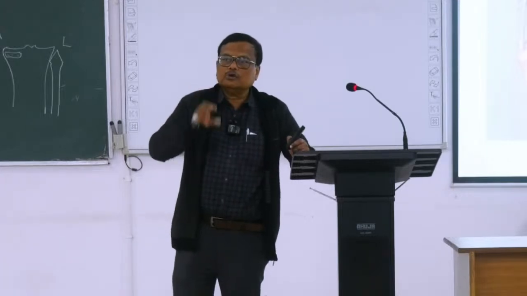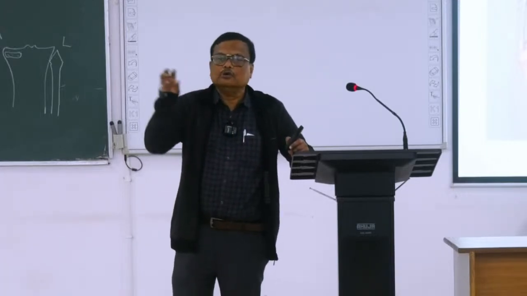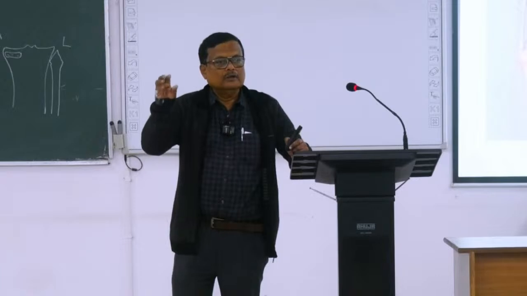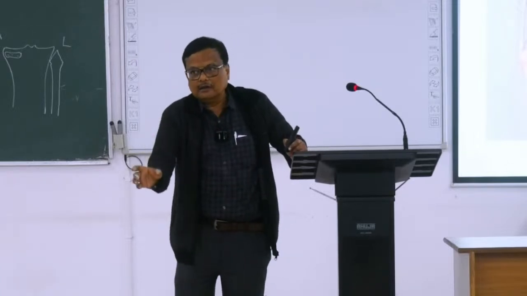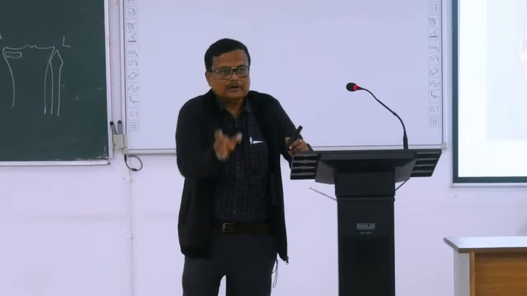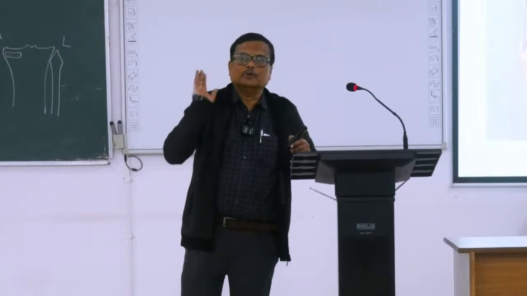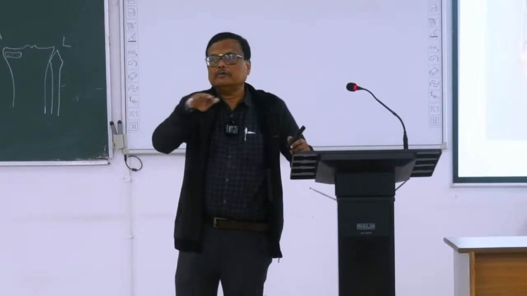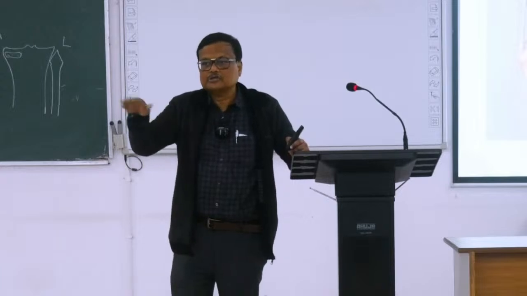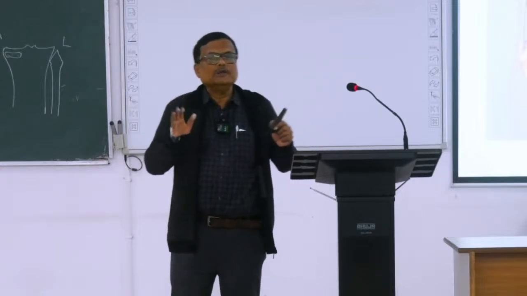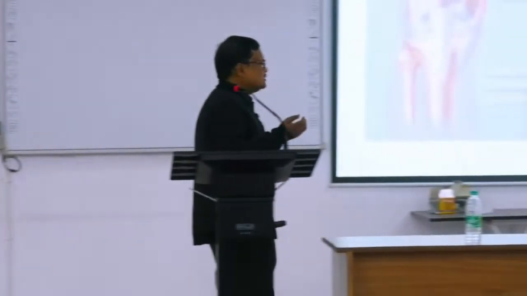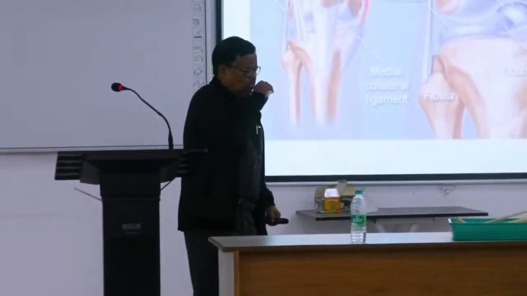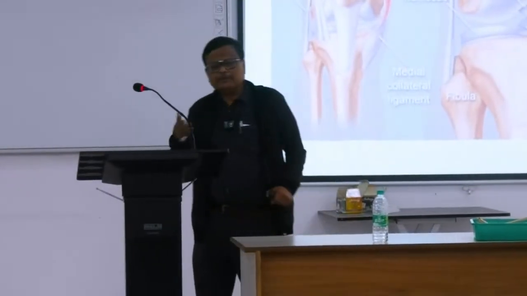Actually in the early stage there were three separate joints, medial tibiofemoral, lateral tibiofemoral, and patellofemoral, and all were divided by a septum. A partition was there, but gradually most of the septum disappears, only a few parts of the septum remain.